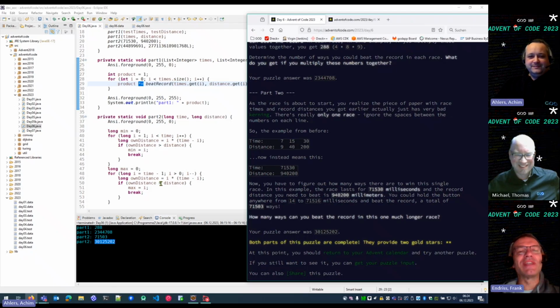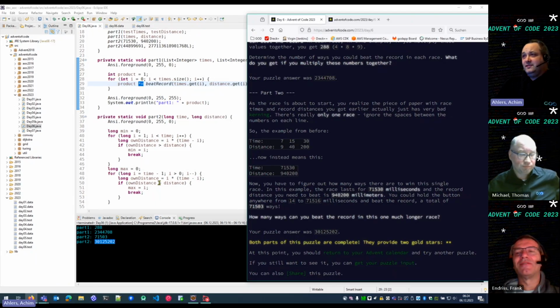An interesting question is if we would have really big numbers like billions or trillions, then the part 2 algorithm would be right, but then we would not do a linear search for the values min and max, but we would do a binary search on them, and then we could do it for really huge values. But no need for this riddle this time. Yeah.